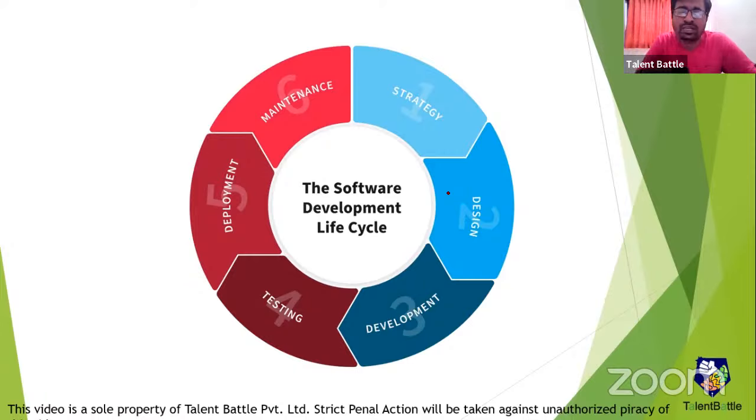If you see the correlation of SDLC with full stack development, you will understand that any software project, whether it comes from a general development domain, AI, ML, or full stack web development, has to undergo this particular life cycle. There might be some changes from phase to phase according to the needs of the client, but they have to go through this life cycle.